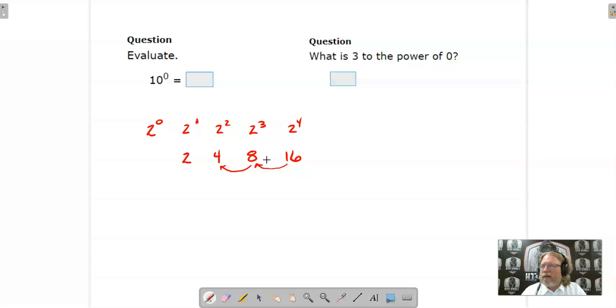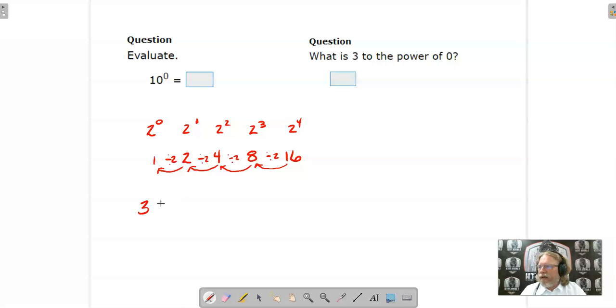So minus 8 doesn't work. So what works for the pattern all the way? Well, what if we take 16 and divide it by 2? 8 divided by 2 is 4. What about 4 divided by 2? It equals 2. So let's go here and do 2 divided by 2, and what do we get? 1. Well, it worked for 2, but maybe it's just 2's.